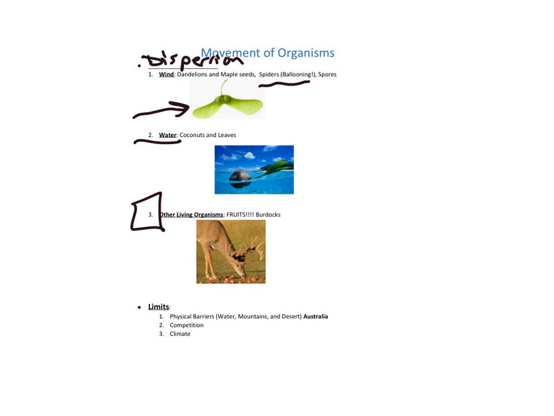I don't want to ruin this for you, but the whole idea of the existence of fruits comes from the idea of plants manipulating consumers. Producers can't just get up and move from one spot to another, so they have to find a really creative way to do so. And fruits, aside from helping the tree or the plant grow, also entice organisms to come over and eat the fruit, and they eat the seed as well.